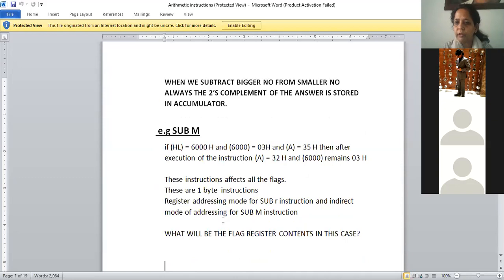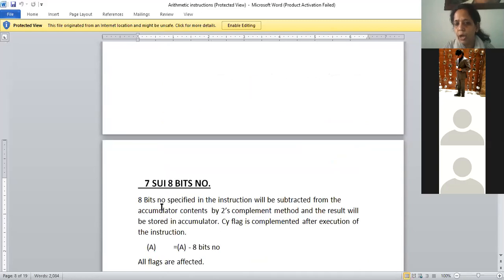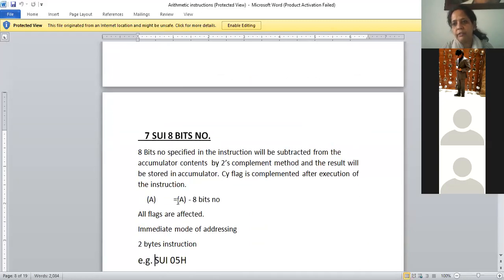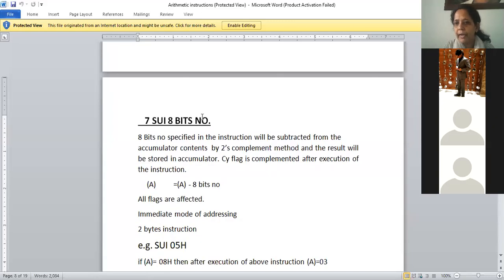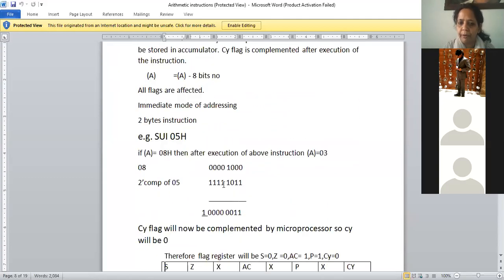Just like your subtract instruction, SBB instruction is subtract with borrow. SUI instruction is subtract immediately whatever is the 8-bit number from the accumulator without borrow. So A equals A minus the 8-bit number. Again, this is done by the 2's complement method.